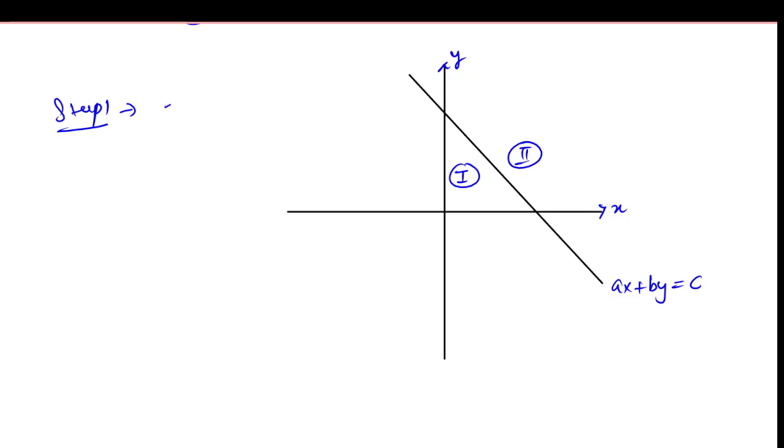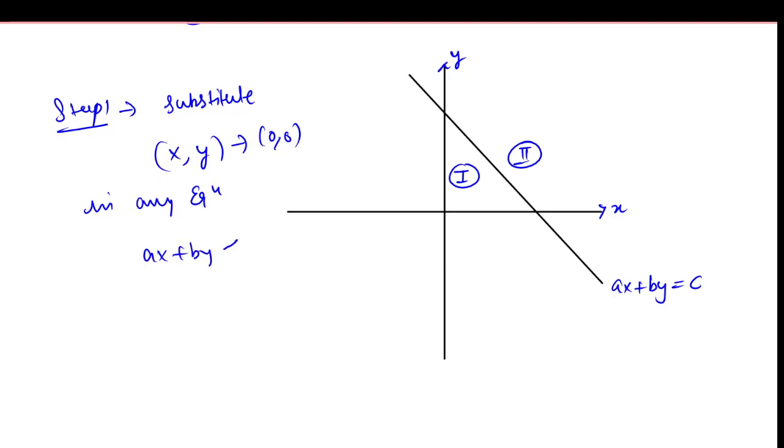So we will substitute x comma y equal to 0 comma 0 in any equation, ax plus by less than c, or ax plus by greater than c.